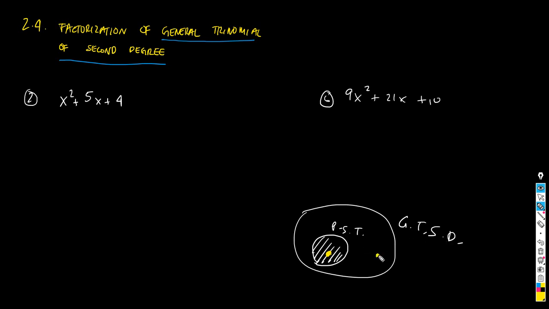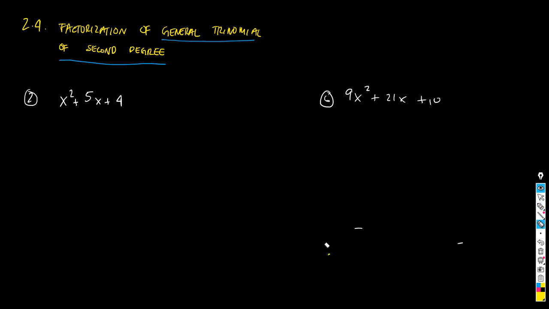But if another trinomial is only in this region, then it can be this type, but not this type, because it is not living inside this region. This is what classification means. Some things are inside other, more general classifications.